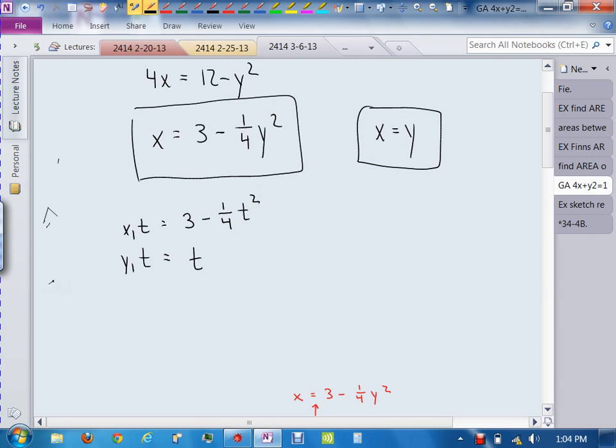If you graph that on your calculator, that will graph that first one. And then what about the other one? Your x2(t), y2(t) will be what? t, t. I know it's been a while, but yes.